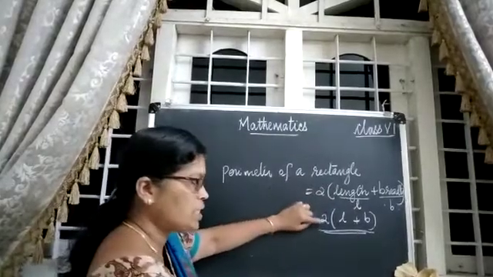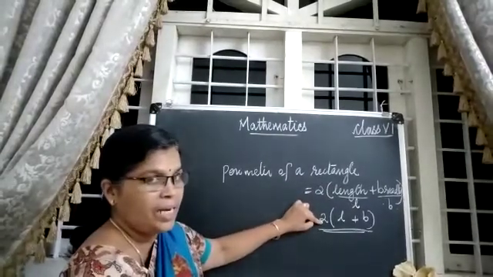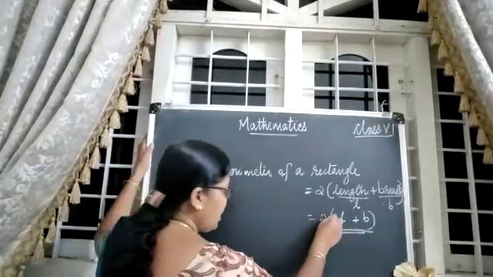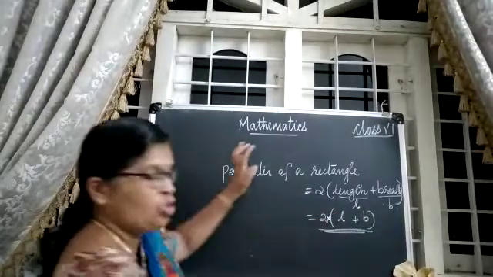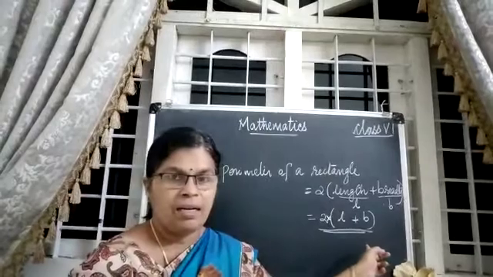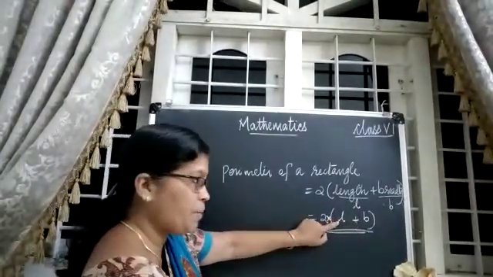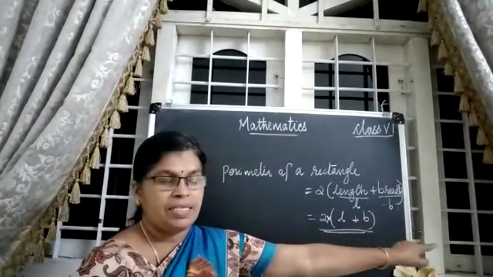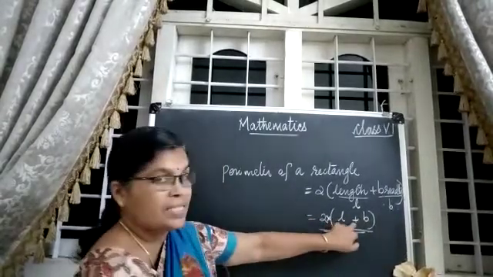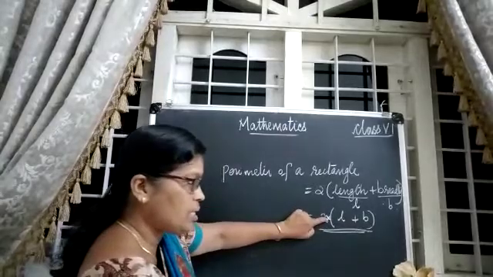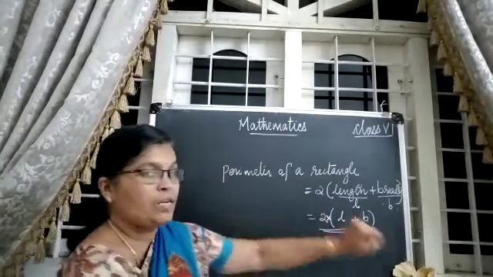Why? Because it contains numeral 2. Then no sign is there, that means it is into. Multiplication is here, right? Addition is there, and variables are there. L and B are variables, and the addition sign is here. Then the multiplication sign is here, then the numeral 2 is there.